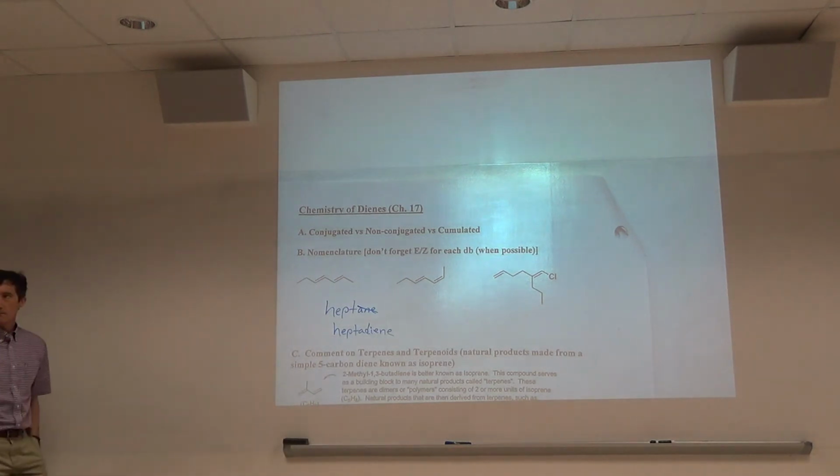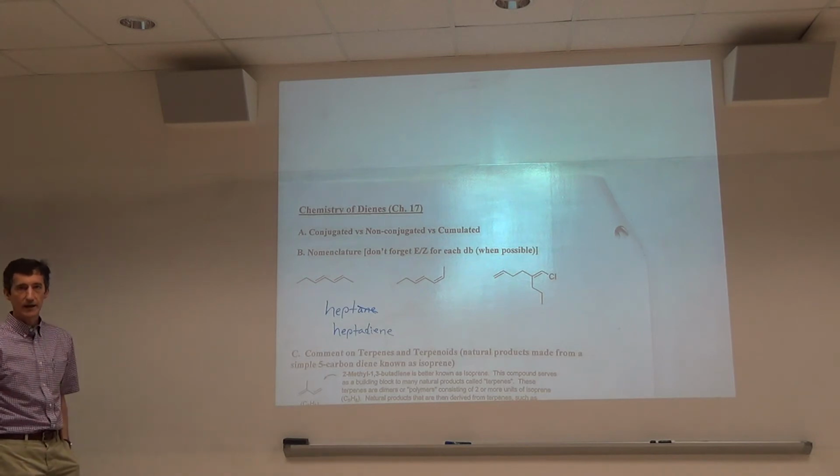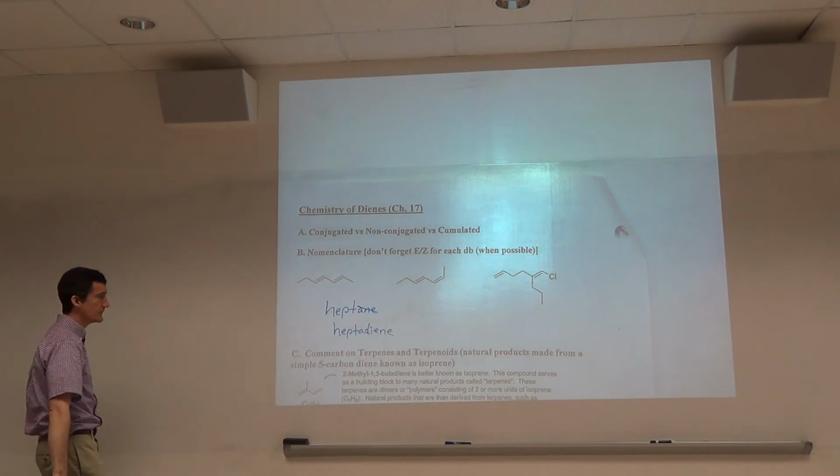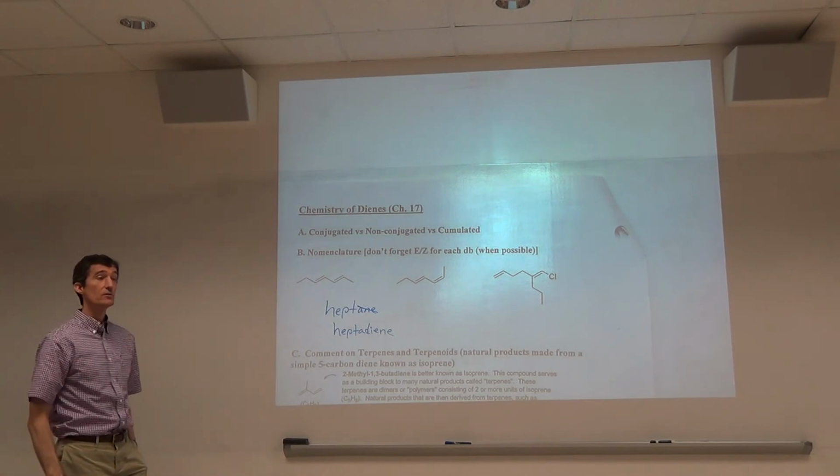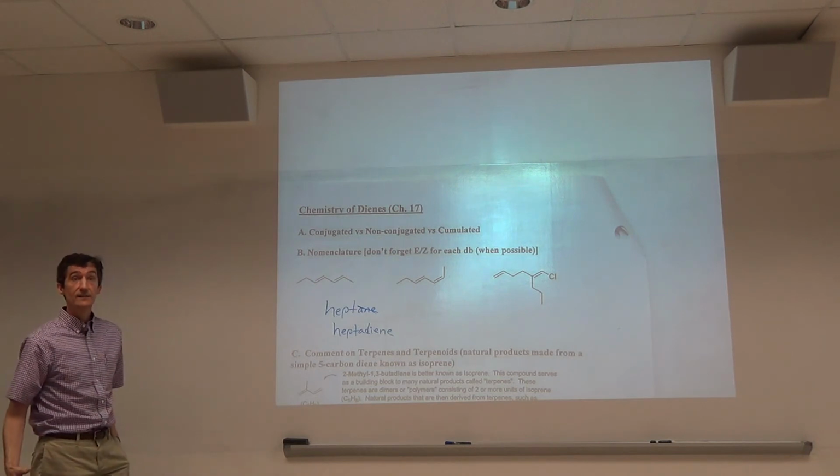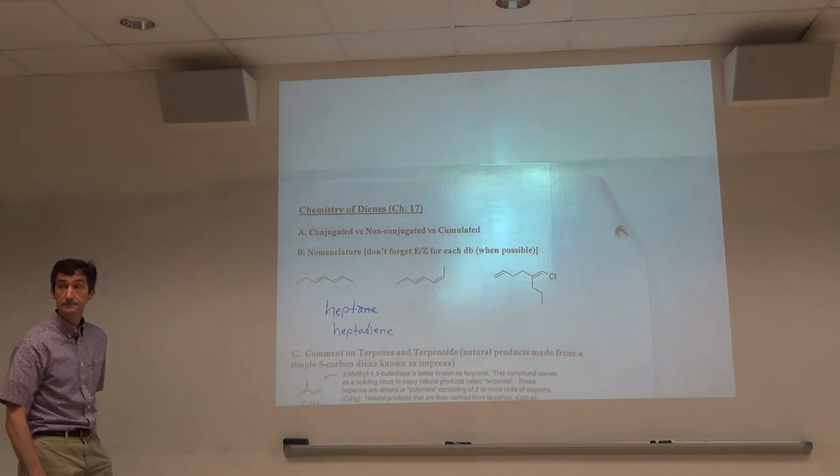The little modifier, di, tri, etc., goes right before the ene part. So dienes are called heptadienes, octadienes, butadienes. Okay?